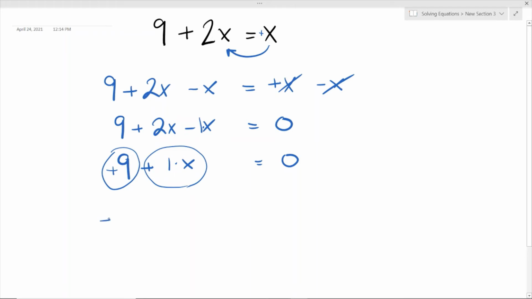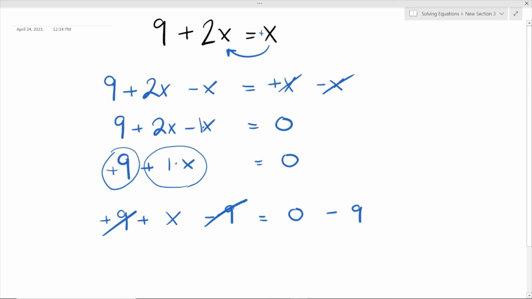So here we have 9 plus 1 times x, which is basically x, so I don't really need to write the 1. I could just write it as x. And then we have to subtract 9 from both sides. So subtract 9, and here it's 0, subtract 9. 9 minus 9 will cancel because 9 minus 9 is 0.